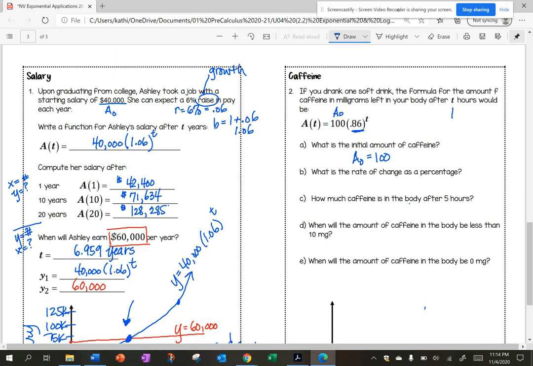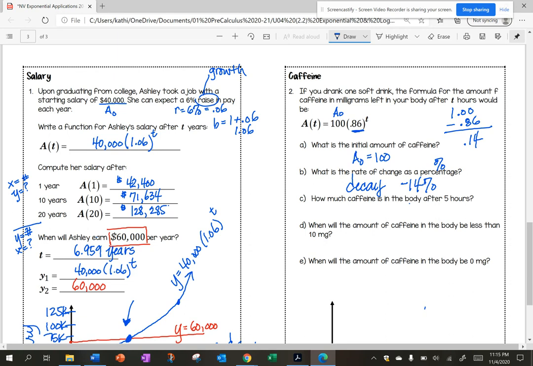So I know this is going to be 1.0 minus 0.86. So I can find the difference, which is going to be 0.14, but it's asking it as a percent. So this is 14%. And since I am less, it's called a decay. Since I'm a decay, it would be a negative number, so negative 14%.